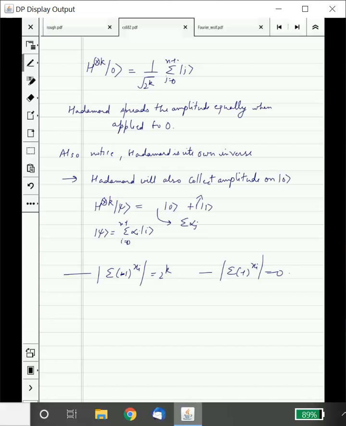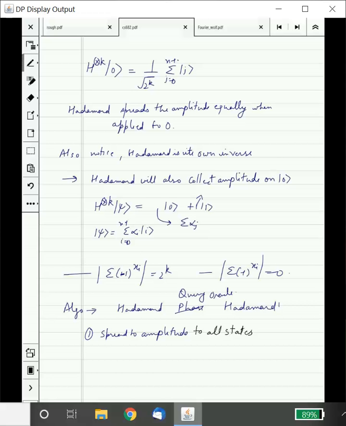This basically means that our algorithm will look like Hadamard, phase, Hadamard. I should say this is the query oracle. Intuitively, we spread the amplitude to all states so that we query all states together, in superposition.